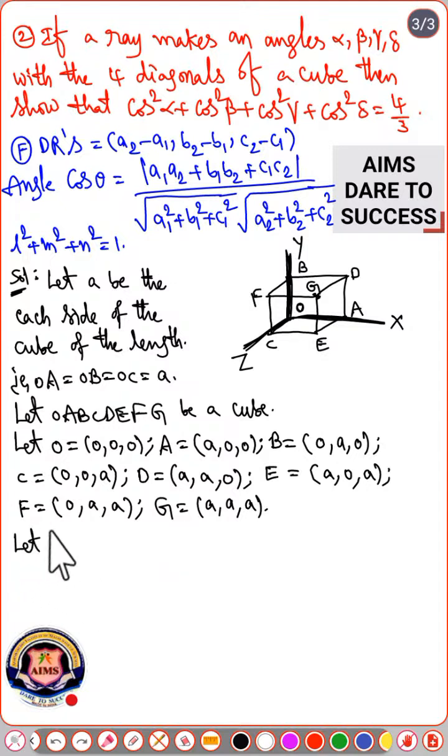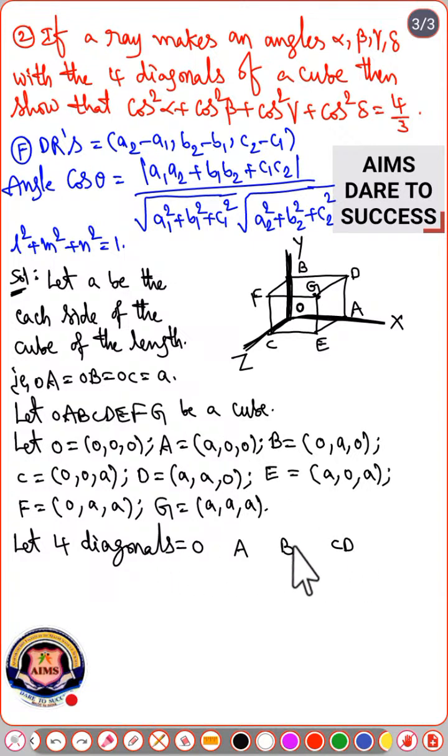Next, we want to write the 4 diagonals. What do the 4 diagonals mean? Take O, next A, next B, next C, the starting 4 values from O, A, B, C. Later D, E, F, G, take in reverse and write.